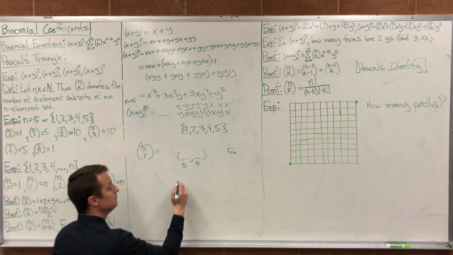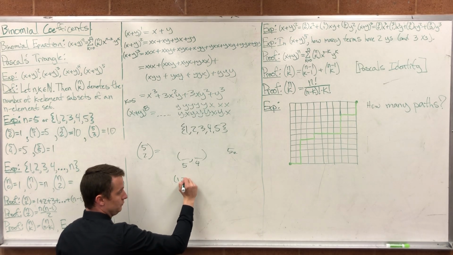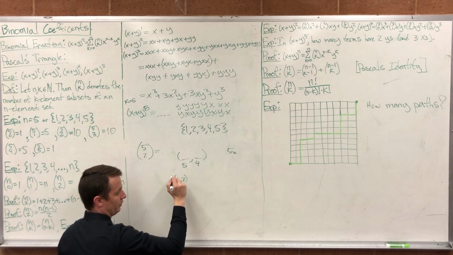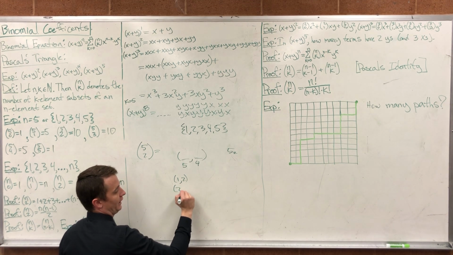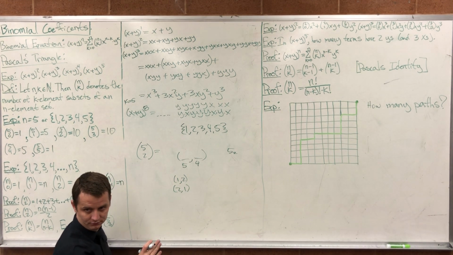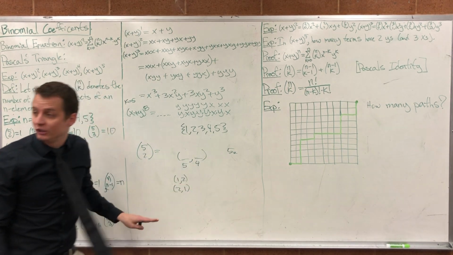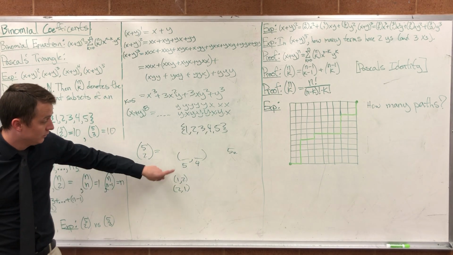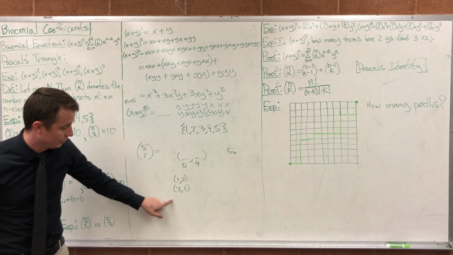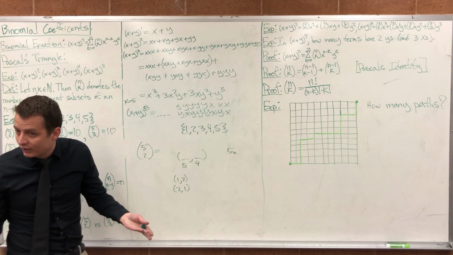But now, choosing the candy bar 1, 2, and choosing the candy bar 2, 1, we don't want those to count differently. And so we list out all the possible ways that she can select 2, like 5, 4, or like 1, 2, and 2, 1. And now we create equivalence classes.